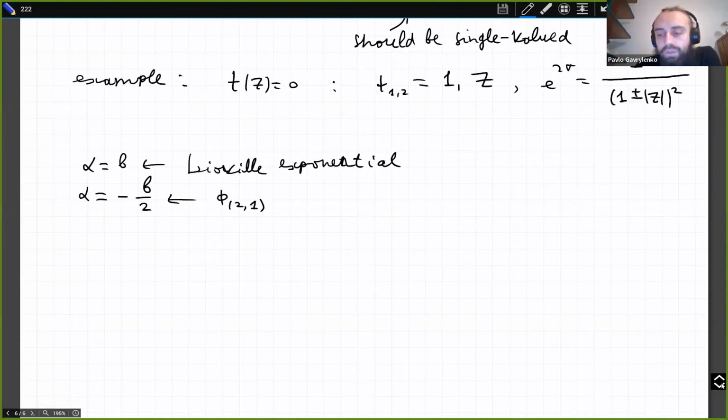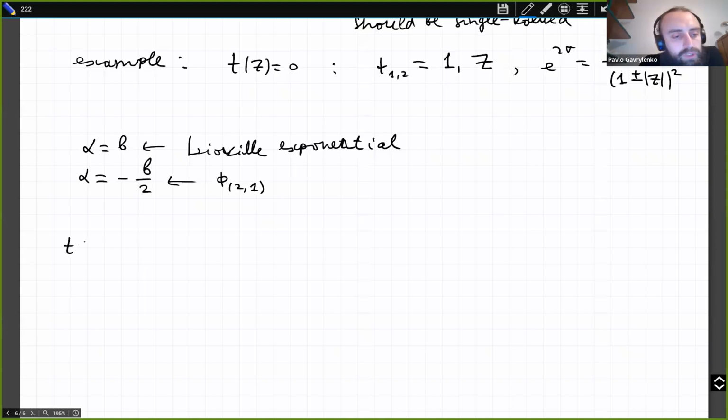For example, if T of z is some constant, delta, over z squared, write it with L minus 1.